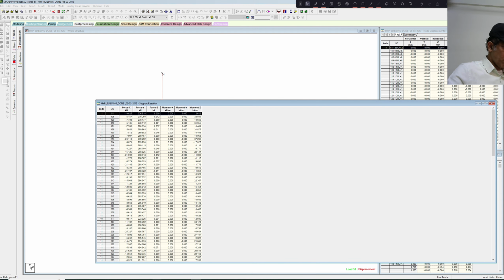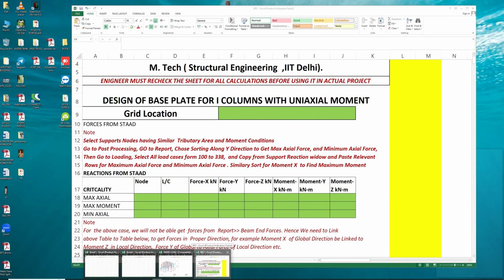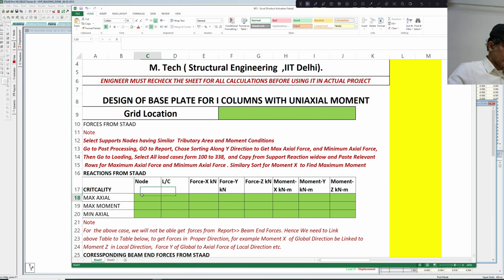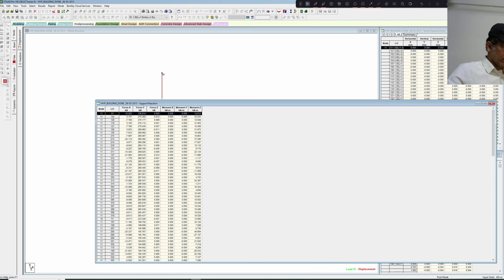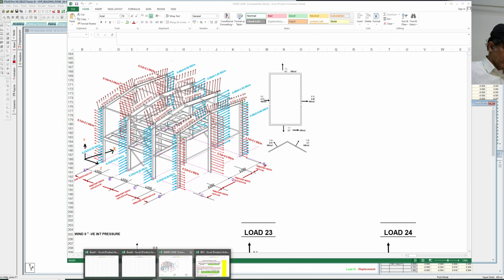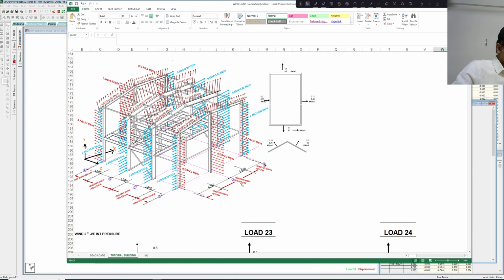Copy, paste. So we have to see the grid location also. Our grid is grid 2.